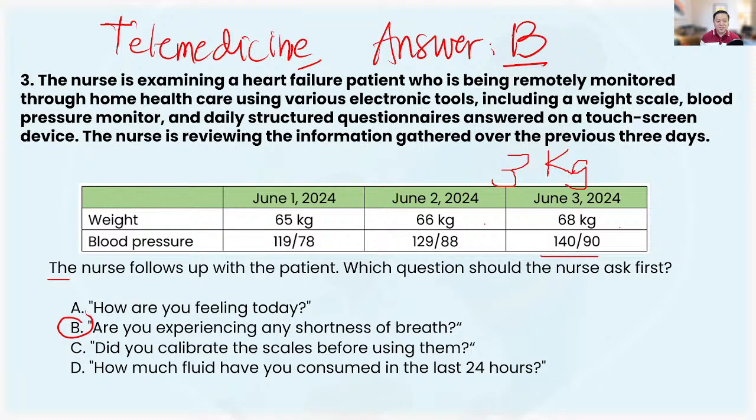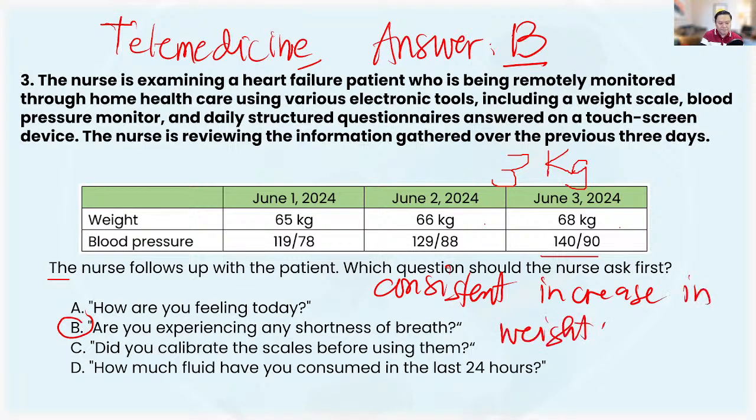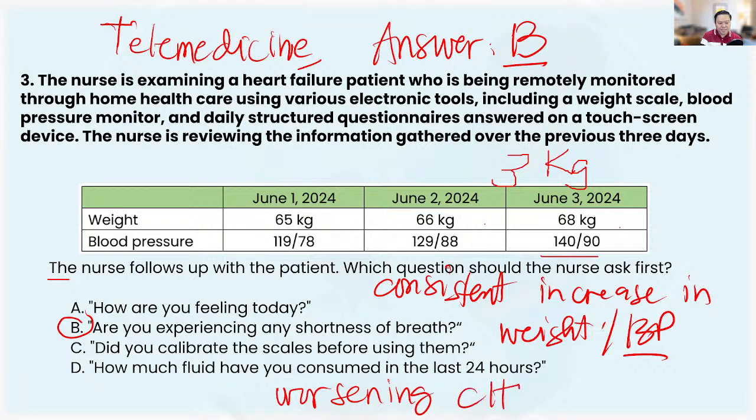So there is a consistent increase in the weight and also the blood pressure. This signifies that the patient is having worsening of the congestive heart failure, worsening CHF.